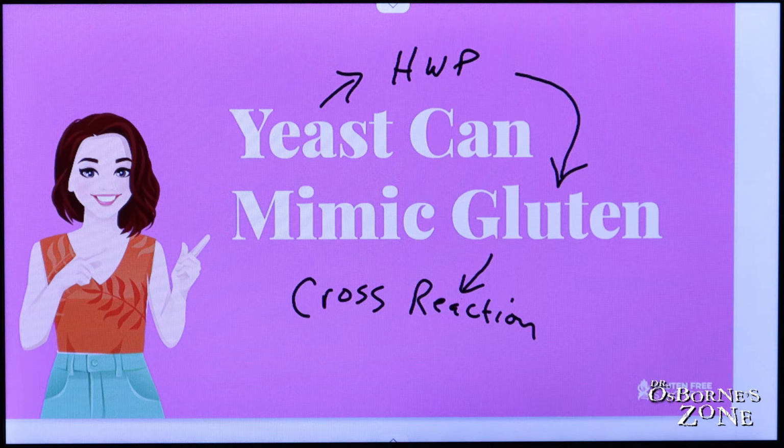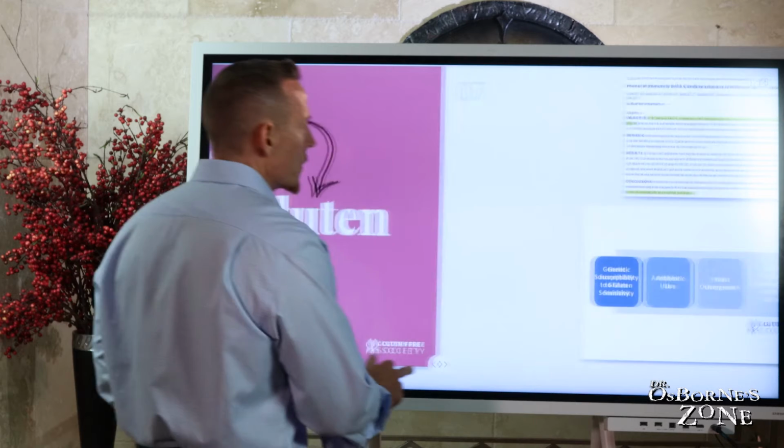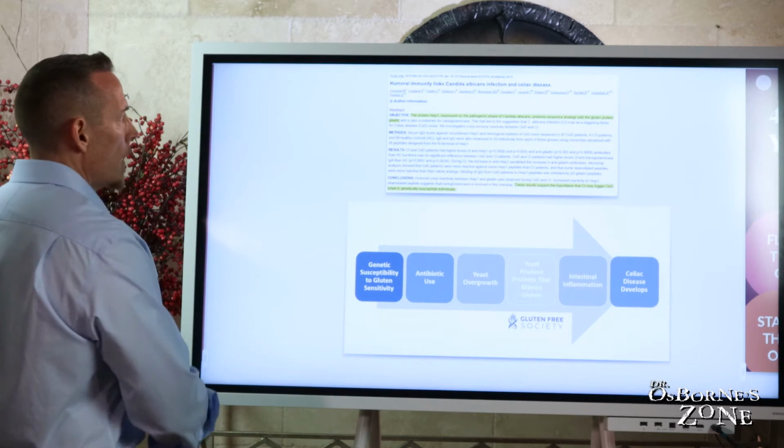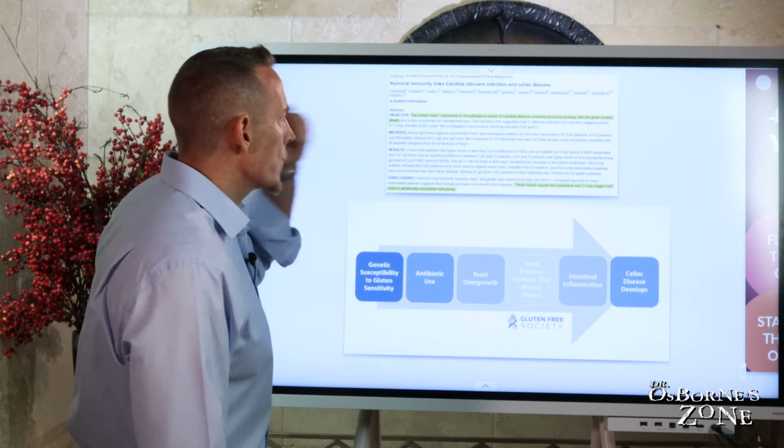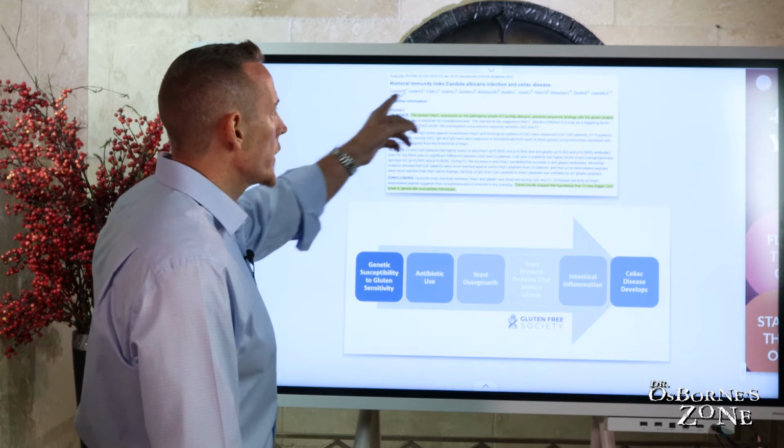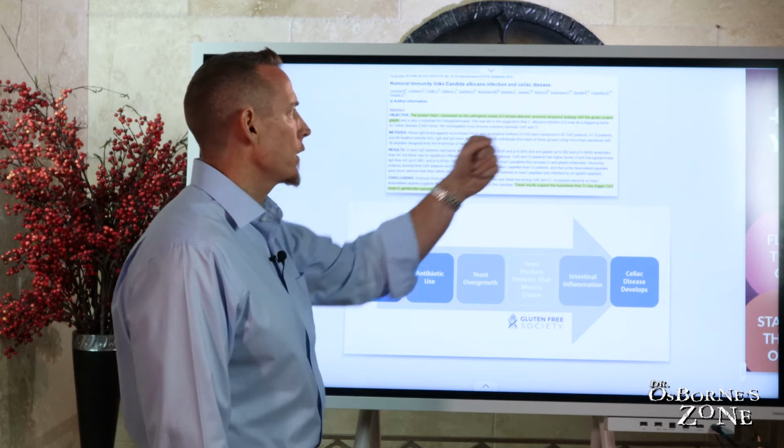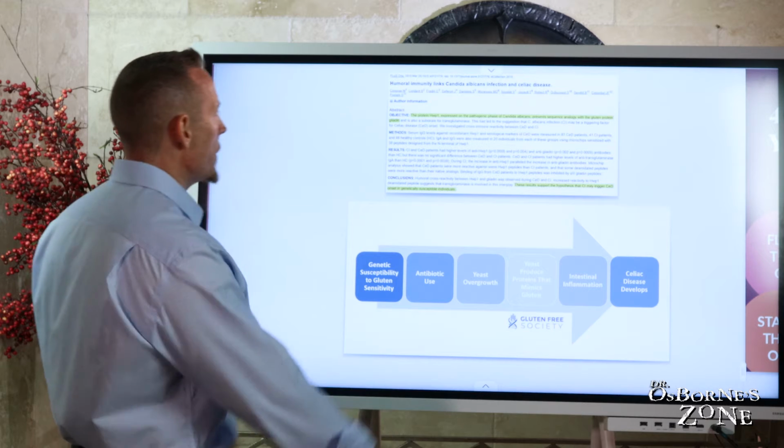It's very important to understand that, because if you're following a gluten-free diet but you're still struggling with symptoms, it's very possible you could have a yeast overgrowth, and that could be contributing or leading to that persistence. Now, if we look here, this study published in 2015, humoral immunity links Candida albicans infection and celiac disease. This is what I was talking about a minute ago.